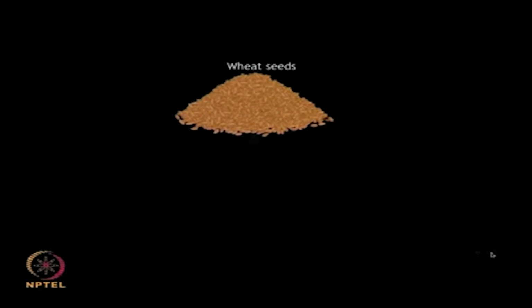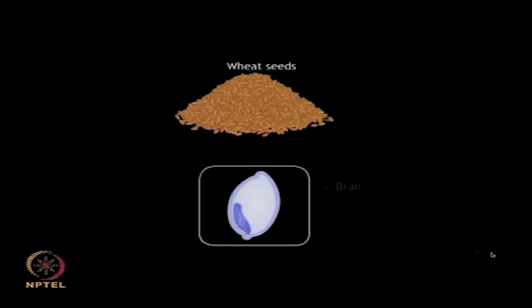Let us now talk about wheat germ extract or WGE. This is one of the most commonly used eukaryotic cell free expression systems, which is obtained from the embryo of wheat seed.